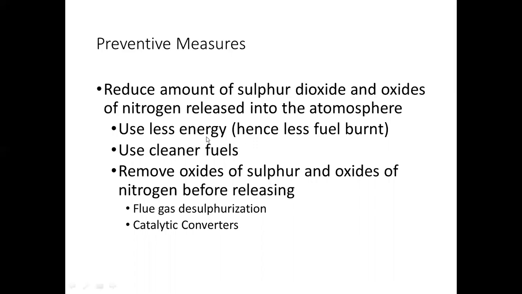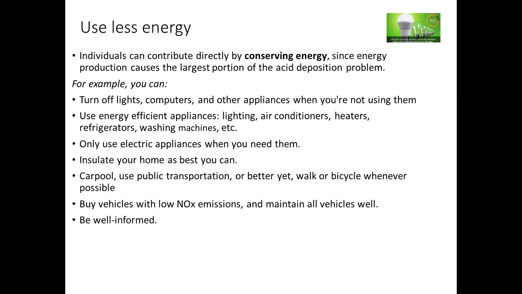For that, we have to use less energy, which means we have to burn less fuel. Then we can use cleaner fuels, and we can remove sulfur oxide and nitrogen oxide before releasing them into the atmosphere. So these are the three answers for the preventive measures.